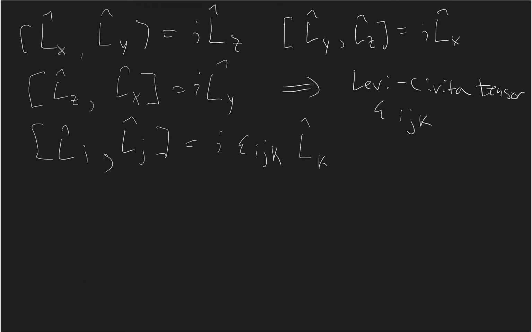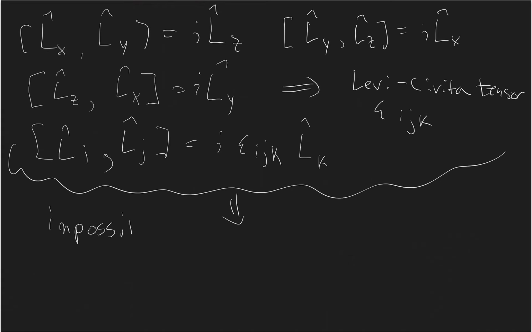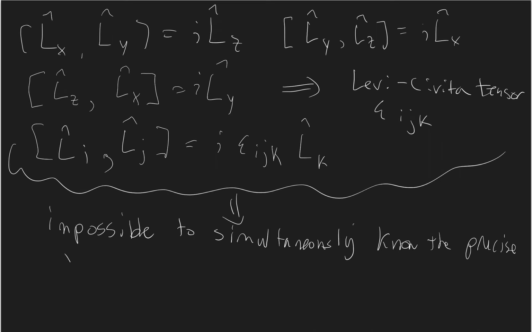All of this implies that it's impossible to simultaneously know the precise values of more than one component of the angular momentum vector.